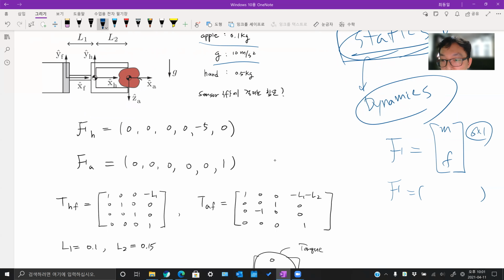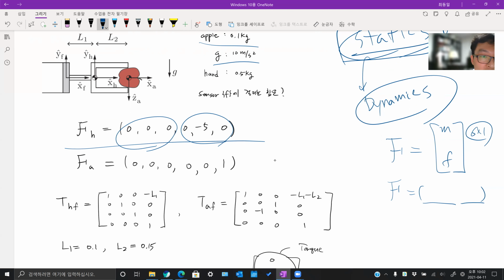So we can write down moment here and force here. This is about moment. This is about force. Based on the H frame, this is mx, my, mz, and fx, fy, fz.